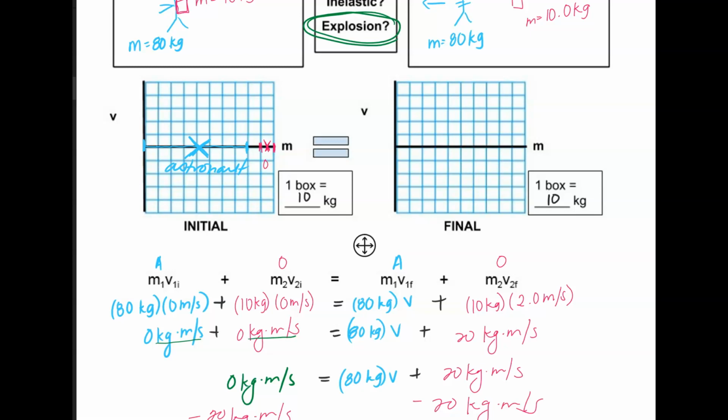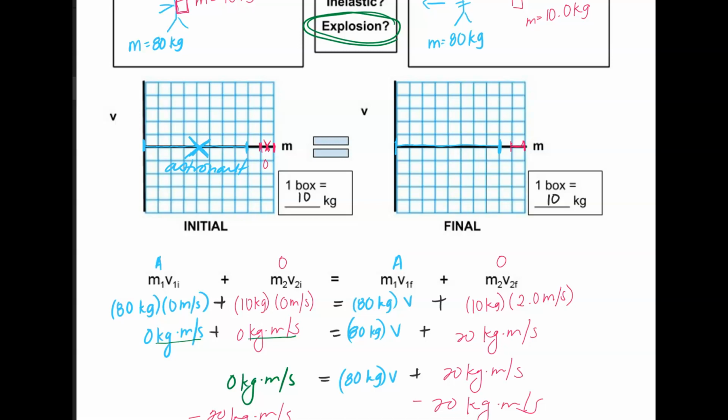Now here, so 1, 2, 3, 4, 5, 6, 7, 8. That's the 80 for the astronaut. And this will be for the oxygen tank.